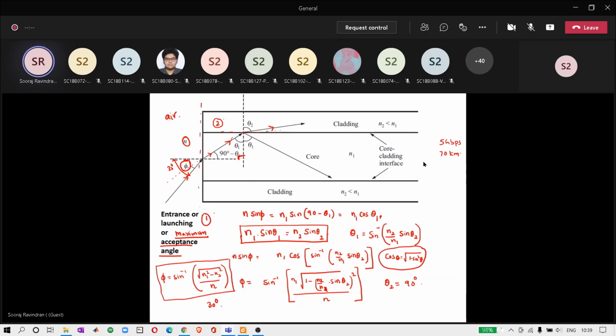Sir, even if we consider a bend, if we consider the wavelength of the light, the bend may be very small, and it would be a linear line itself. Okay, we will discuss all those things when we discuss bending losses in optical fibers. Please hold on.